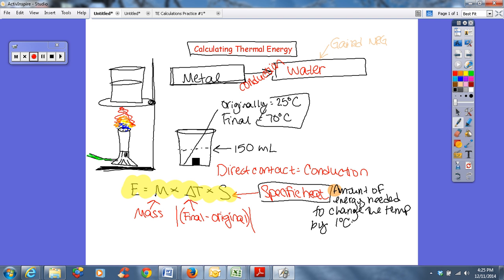And more specifically, the temperature of 1 kilogram by 1 degree Celsius.